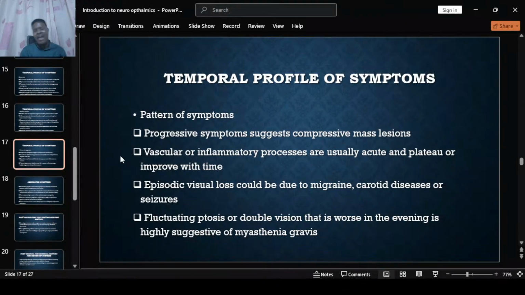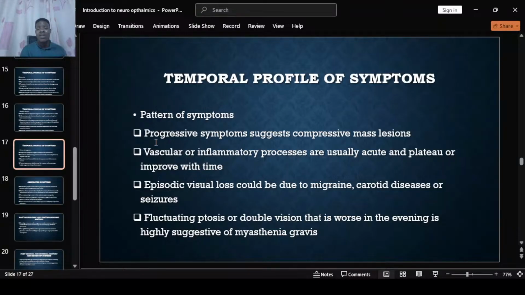And again, episodic visual loss could be due to migraine, carotid diseases, or seizures. I'm going to be dedicating a whole segment to migraine, because migraine is under headaches, and it's important we also teach on it. There is migraine with aura and migraine without aura.